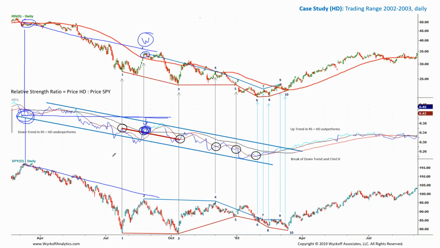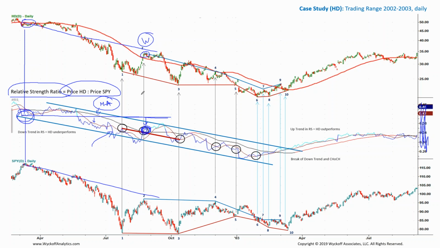And we could see this also from the relative strength ratio line, the way the line unfolds. It's this blue line. The two other lines, the brown and black, those are moving averages. Why are we using moving averages here? Well, because moving averages are trend following tools, and price divided by price is not necessarily creating the price, but it's based on the price.